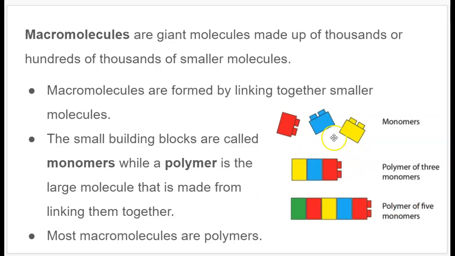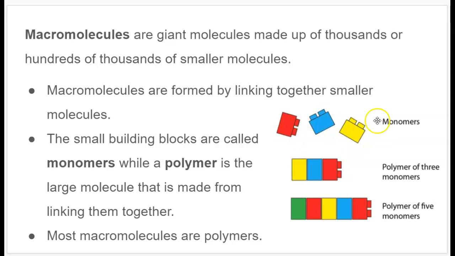So I like this diagram here because it's the example I always use because most people play with Legos. And so these individual pieces or these individual Legos are monomers. Okay? We're just talking about a general process, so we're not specifically talking about carbohydrates or proteins or anything else.